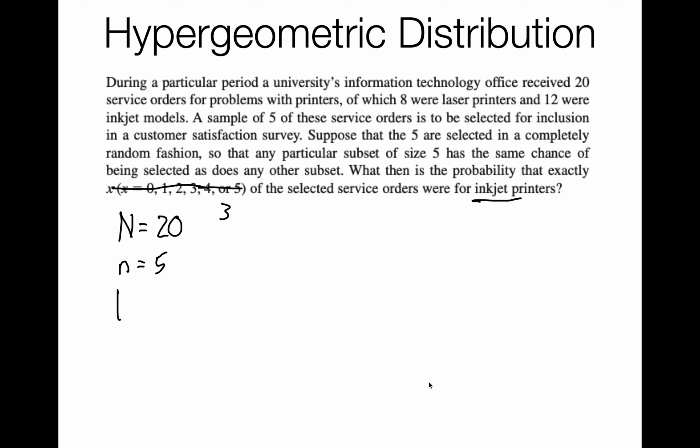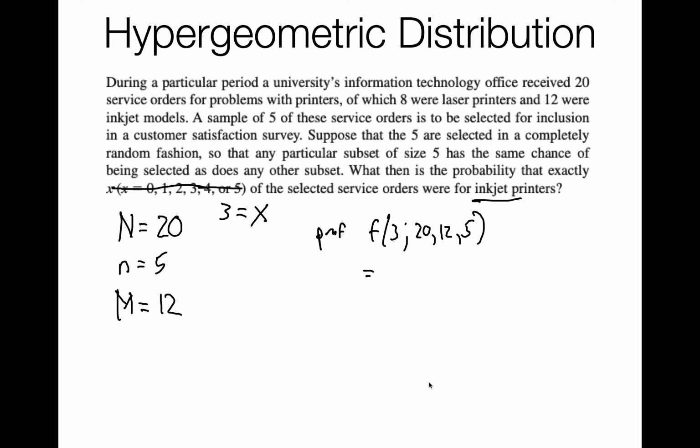And so M, in the population, there were 12 inkjet printers. And so I want to find the probability that 3 of the 5 that were sampled were inkjet printers. Okay? And so there's X, n, N, and M. And if I wanted to, I, of course, could write down the PMF, f of 3, given capital N was 20, capital M was 12, and little n is 5.